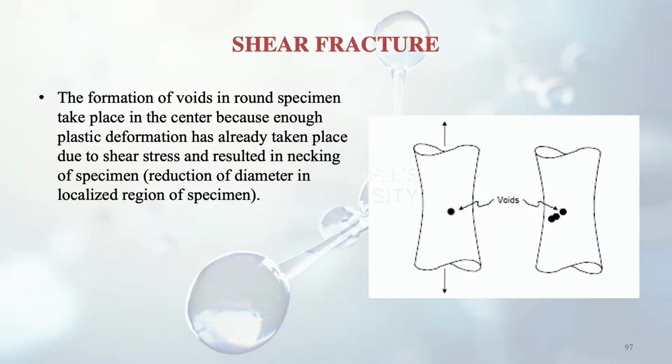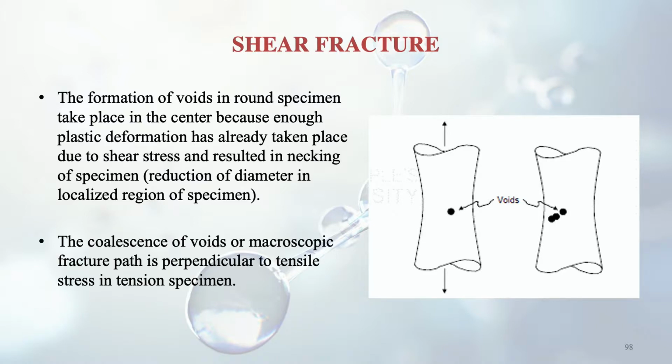Then there will be a reduction of diameter in a localized region of the specimen, like we have studied in the case of the stress strain diagram also. Then these voids will coalesce, and the microscopic fracture path will become perpendicular to the tensile stress in the tension specimen.